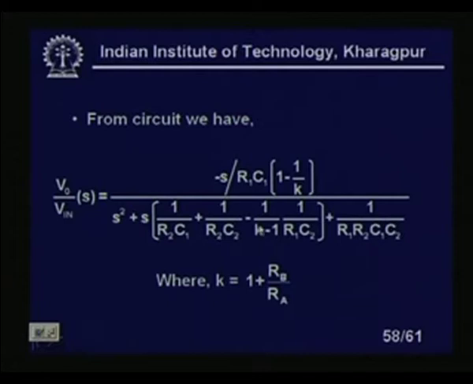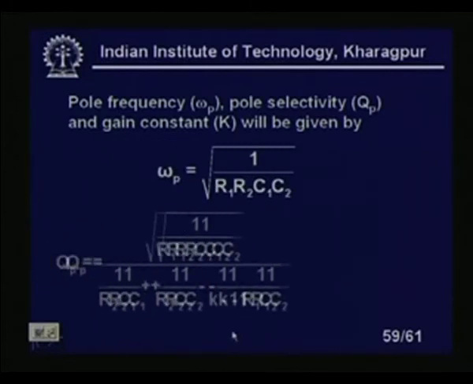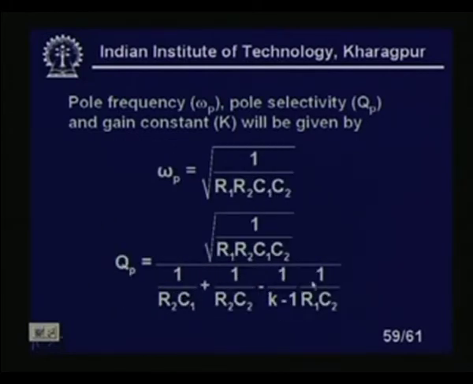I can achieve it only if I have a structure like this. You see this term, minus 1 upon k minus 1 by R1 C2. Let us look at the expression of Q. You see this is the subtractive term.